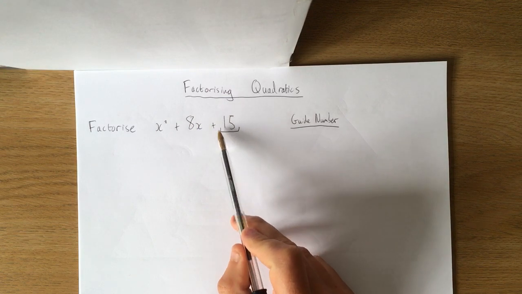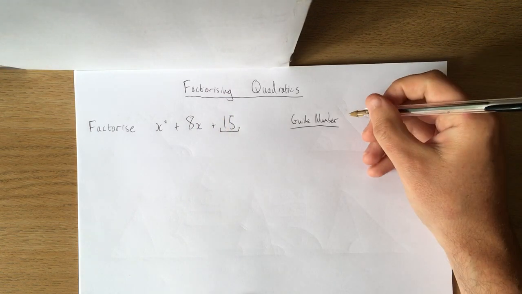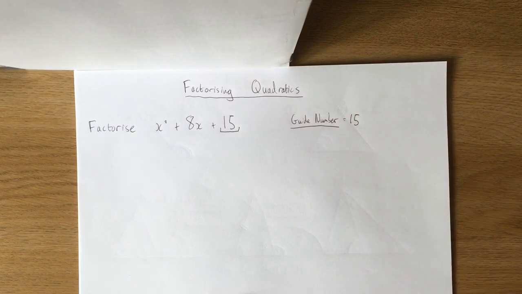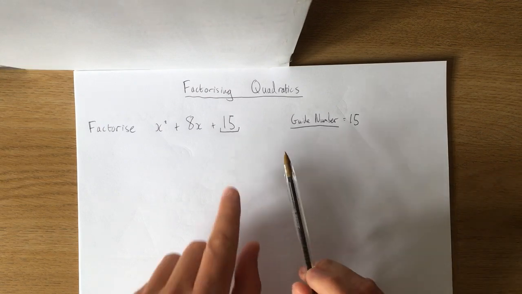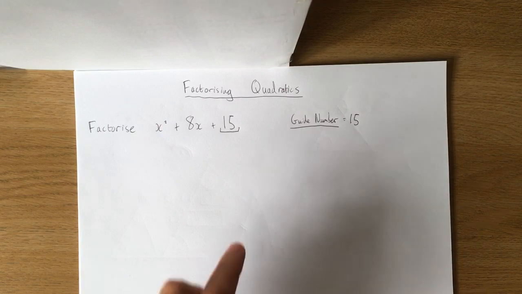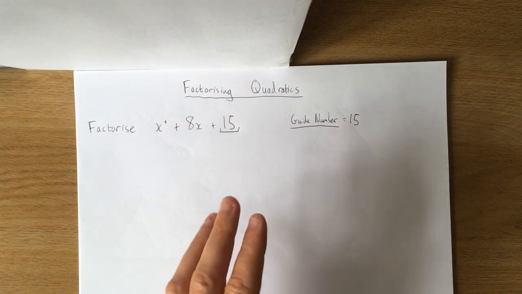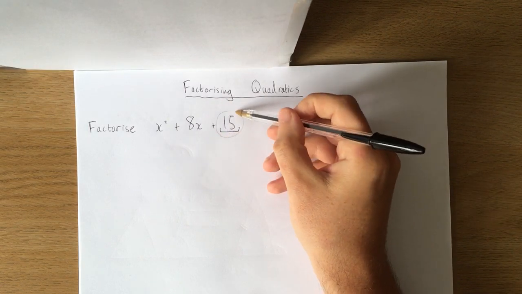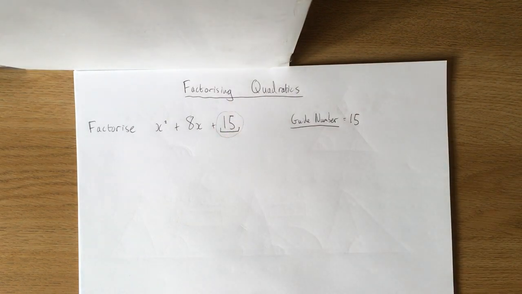That constant is what's called your guide number. There are later examples, which we won't probably do till next year, where the guide number will be slightly different. But for now, you can always just take the guide number to be the number on its own at the end. So the guide number is 15.